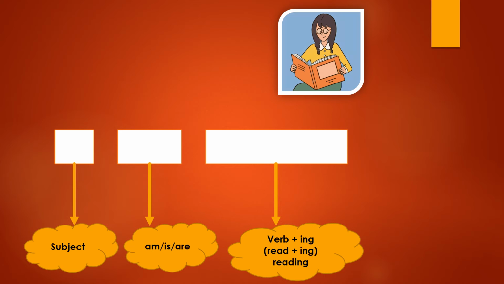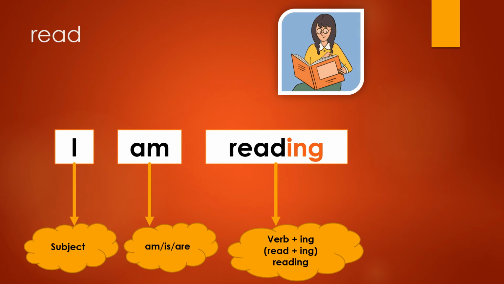The verb is read. Look at the subject, I. If the subject is I, we should use am. And then we write the verb read plus ing. I am reading. You can also write I'm reading.